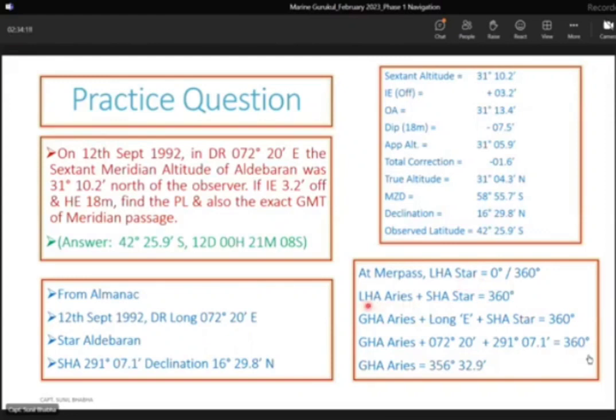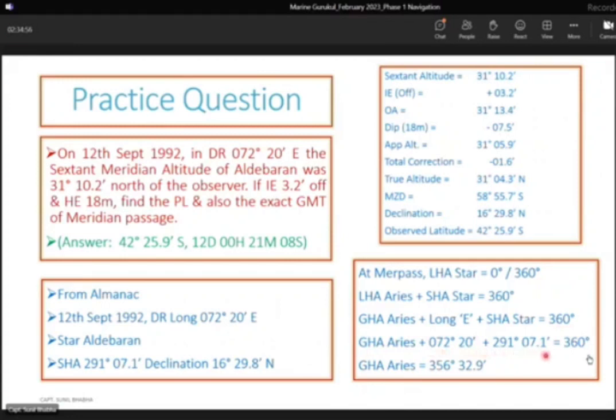LHA star is equal to LHA of Aries plus SHA of star, which is equal to 360 degrees. LHA of Aries is GHA Aries plus longitude east. In this case, the longitude is easterly. So GHA plus easterly longitude gives us the LHA of Aries, plus SHA star equal to 360 degrees. We know the longitude, given in the question, 72 degrees 20 minutes east.